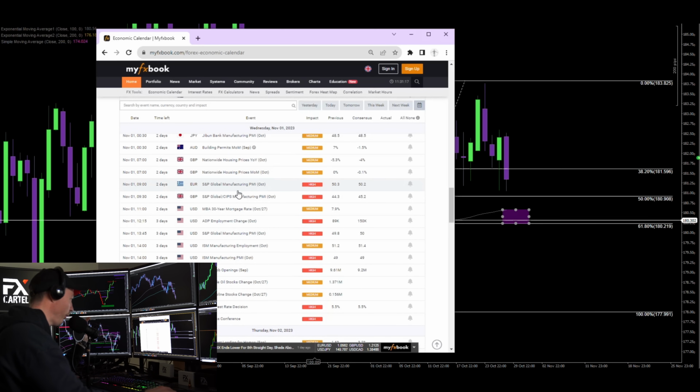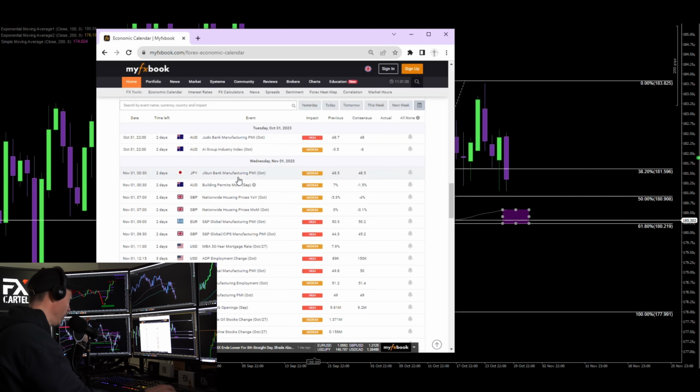We've got nothing pretty much on the Wednesday, apart from what we have here, which is the PMI. The PMI now could be really important because we've got no fundamental driver for the pound, and therefore this being the only one that is coming and really mattering as it stands in the current climate, because this is reflecting whether our businesses are doing well or not, this could be impacting our setup.